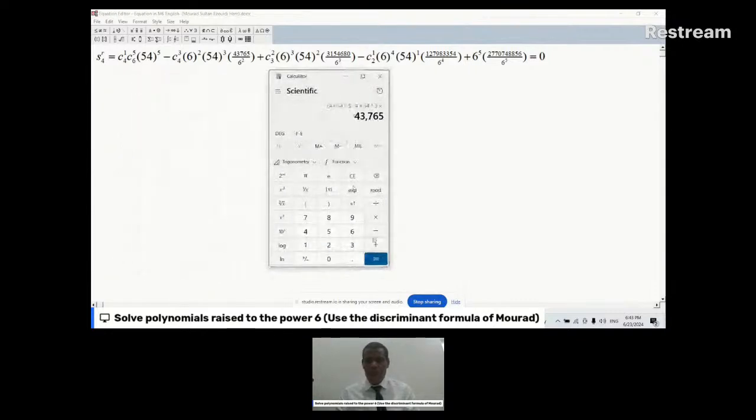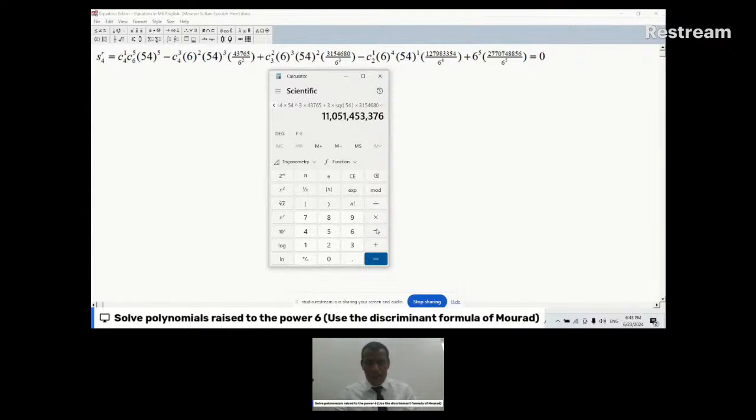Plus 3 multiplied by the square of 54, times 3,154,680.